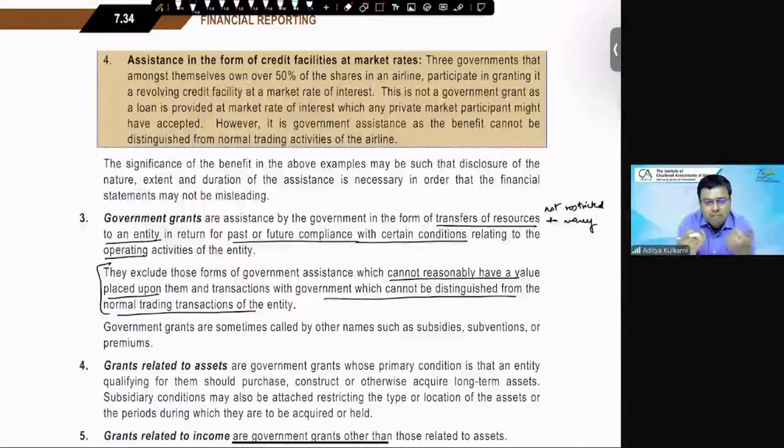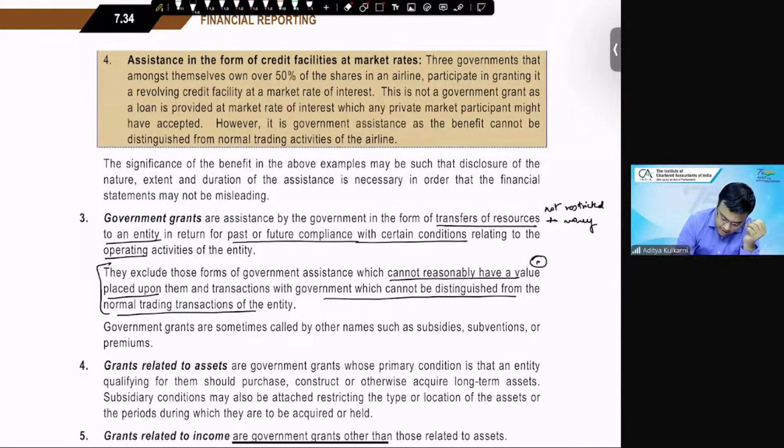Now, this is some kind of assistance that has come to you, but you cannot place a monetary value upon that. It becomes a regular infrastructure that the government has put. You are benefited by chance. So this cannot be a specific government grant for you. Okay. And secondly, so this is the first one, cannot have a value placed upon them.